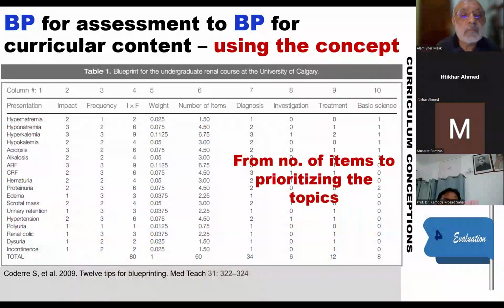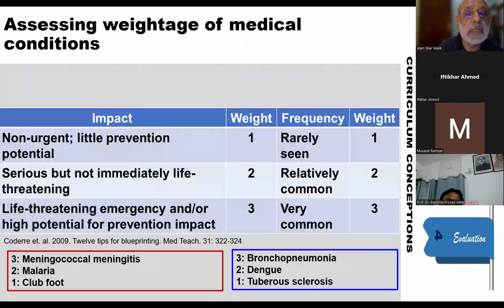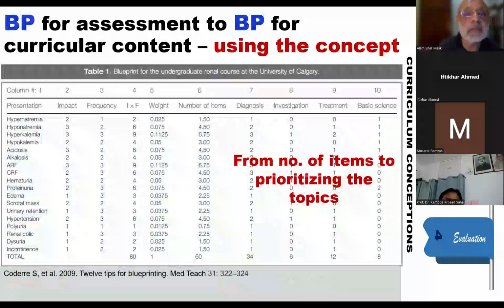And then based on that, we calculate the weightage of that topic, which would be the total of impact times frequency divided by the individual. So for example, here total is 80, but for hypernatremia it is 2.